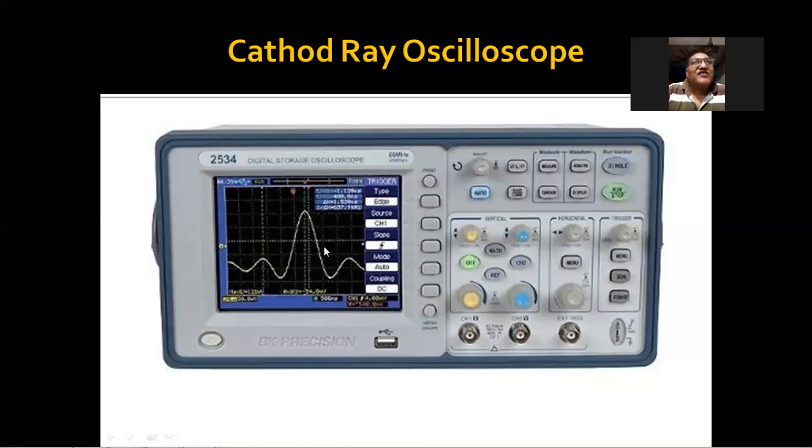It will be a voltage time graph. On the y-axis voltage will be represented, and on the x-axis the time will be represented.